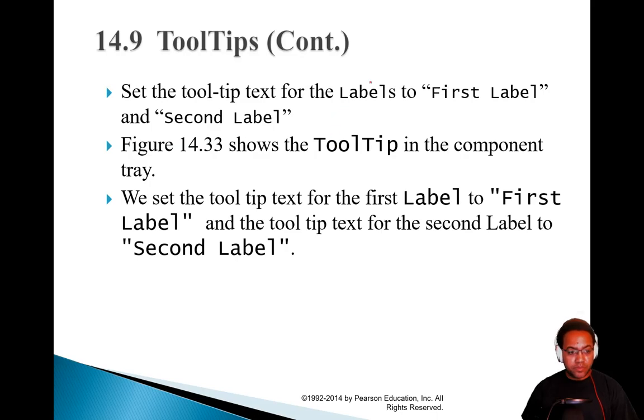To set a tooltip next to the labels for first label and second label, what you need to do is go into Visual Studio. And let me see really quickly. Yeah, that's what I thought. So tooltip is an event.